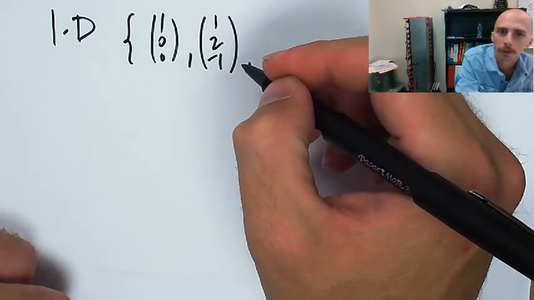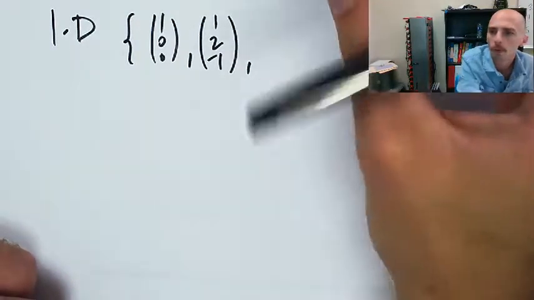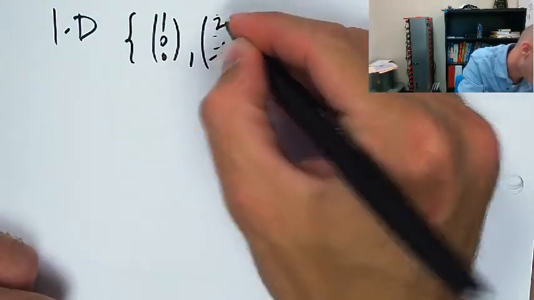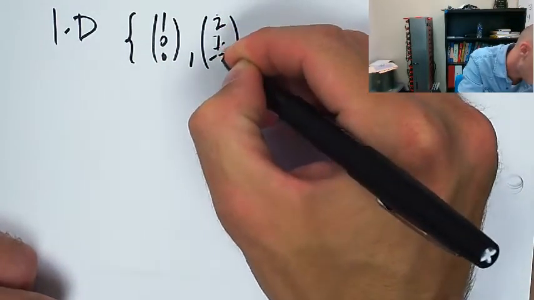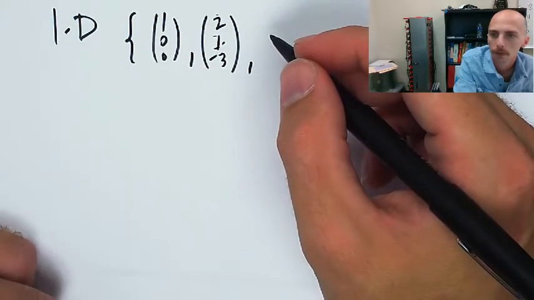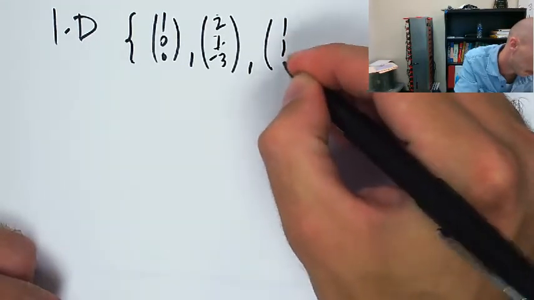U0, U2, and U5. That is not U2. That's too bad. All right, so 2, 1, -3. Okay, so I was just wrong on all of them. All right. 2, 1, -3. U0, U2, U5. 1, 1, 0.